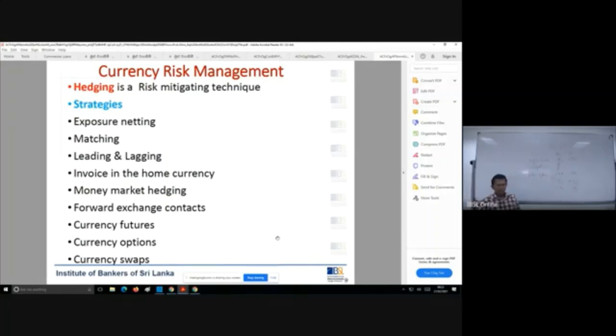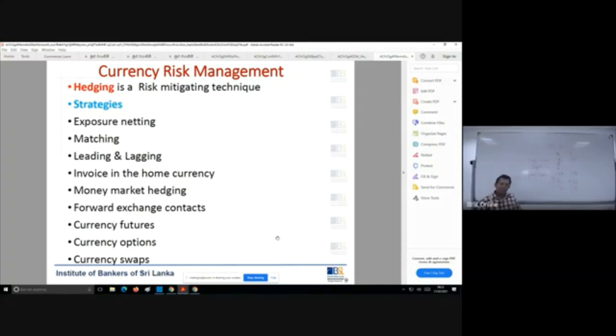Hedging. Hedging means what? Generally, hedging is you mitigate the exchange risk. Hedging instrument means the instrument you are using to mitigate, to bring down or to reduce, but not to eliminate.